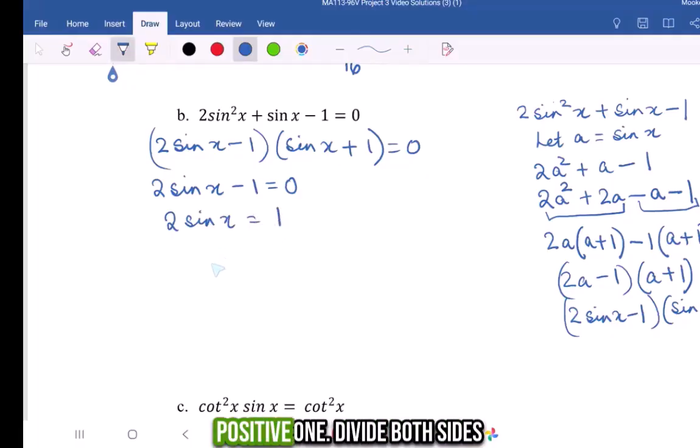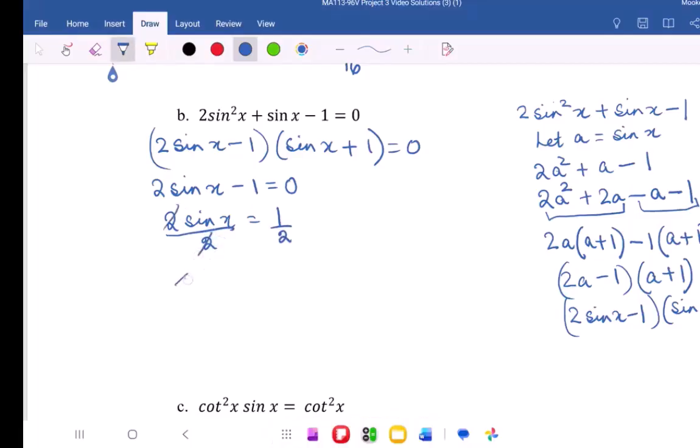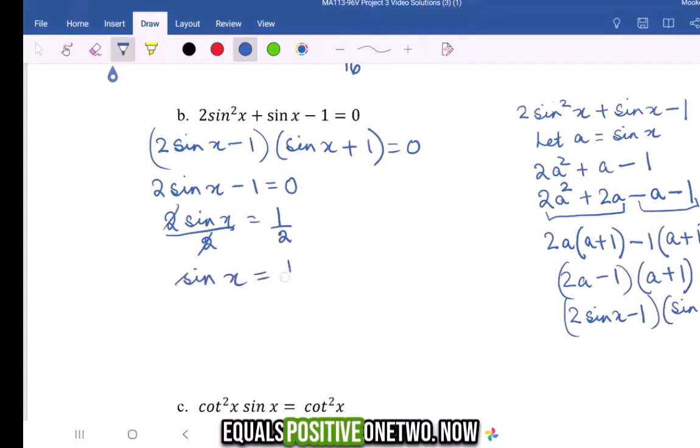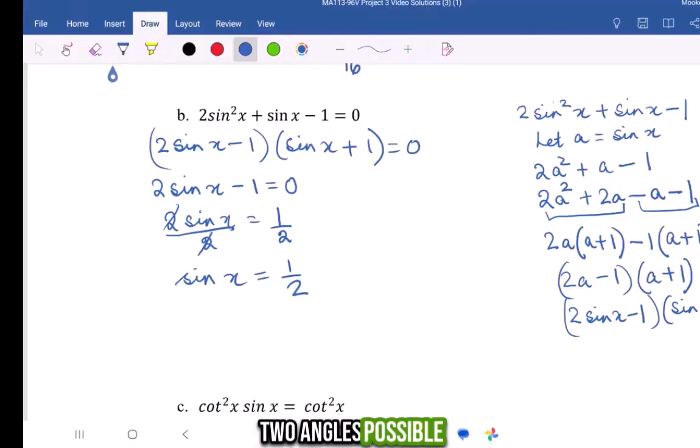It'll be a positive 1. Divide both sides by 2. We will have sine x equals positive 1/2. Now we have to figure out for what value of x would sine be a positive 1/2. There are two angles possible with ratios of positive half.